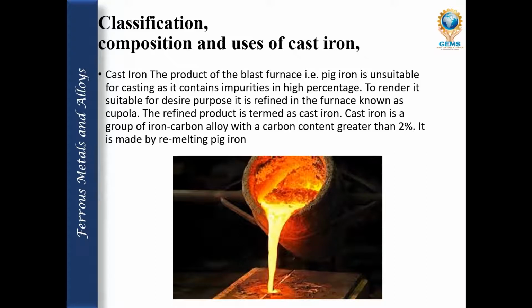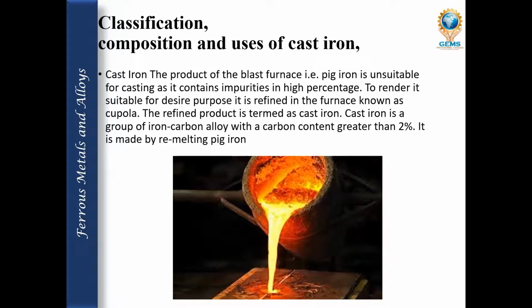It is refined in a furnace known as a cupola, and the refined product is termed cast iron. Cast iron is a group of iron carbon alloys with a carbon content greater than 2%, made by remelting pig iron.